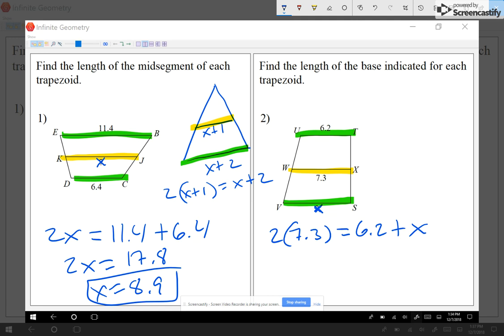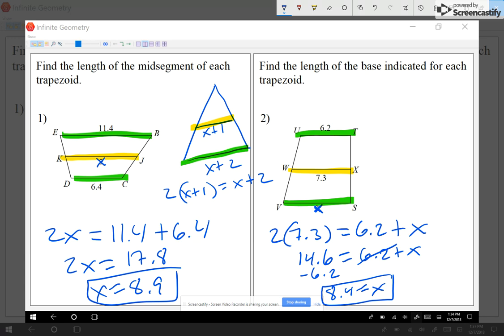So I have that on the left, 7.3 times 2, that's 14.6. On the right side, I have 6.2 plus x. Let me subtract 6.2. So I have that 8.4 is equal to x. What I did on both, remember, the mid segment times 2 equals the sum of the bases.